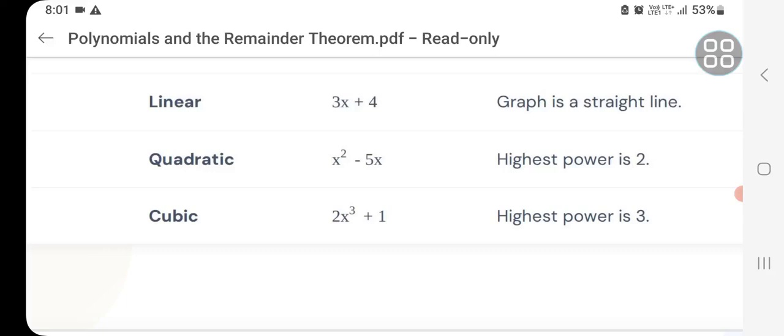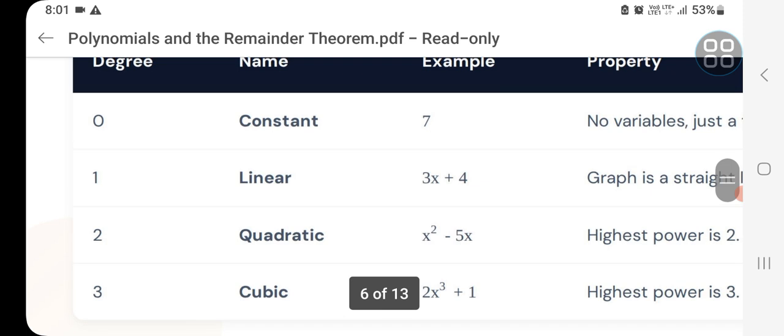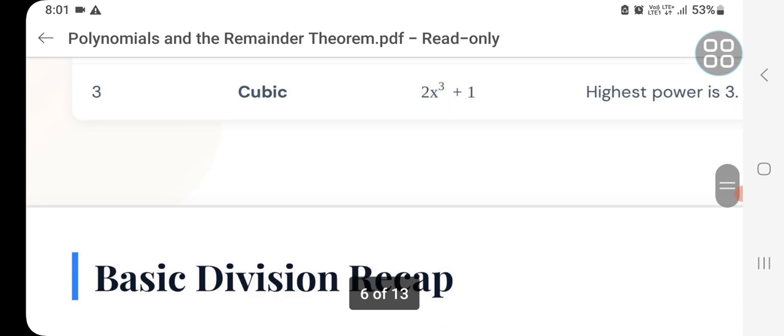So x cube means we can say it is the cubic polynomial. It will depend upon the highest power of the polynomial. The highest power is nothing but the degree. So remember one thing, the constant polynomial does not have a variable, because the variable power will be 0. Okay, remember this.